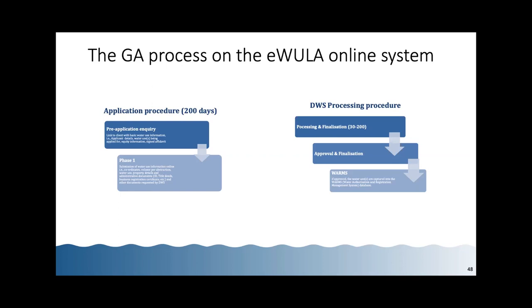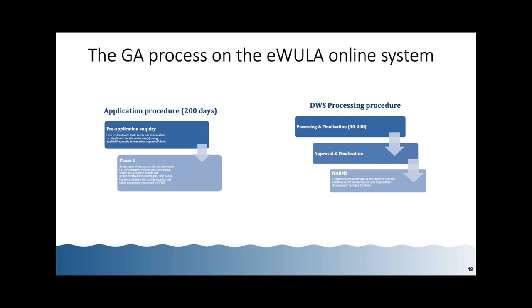And if it's found that it is just a GA, the assessor will open phase 1, where several forms are filled in with a lot more detail about the water use, in this case, groundwater abstraction. And then also several documents like IDs, title deeds, and business registrations are submitted to the department. Then you submit your phase 1.